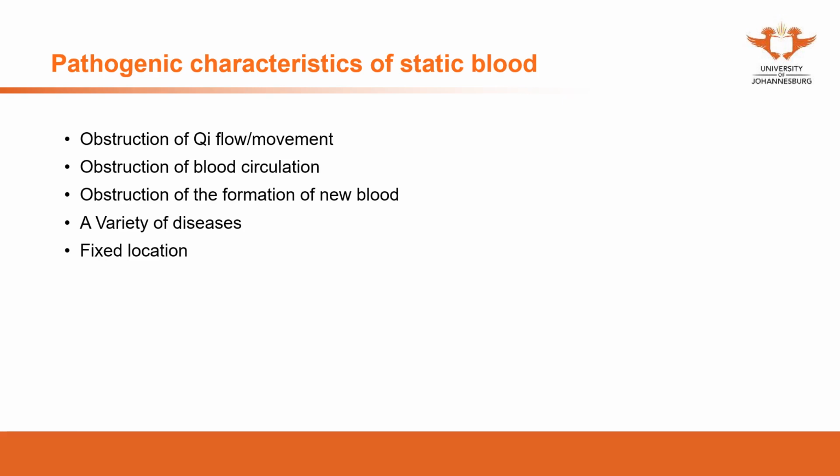That's why in some acupuncture treatments we use three-edged needles to prick the static blood area. It causes bleeding, and once the static blood comes out of the body, new blood will form in the area, which helps recovery.